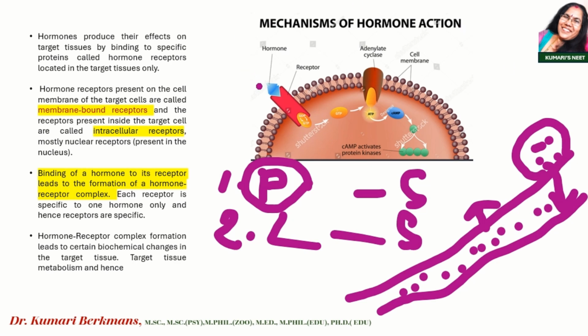For example, the thyroxine hormone is received by this receptor and then it is taken by the receptor to the cytoplasm. Such a hormone which binds with the receptor present on the membrane is called a membrane bound receptor. Another receptor is called an intracellular receptor.